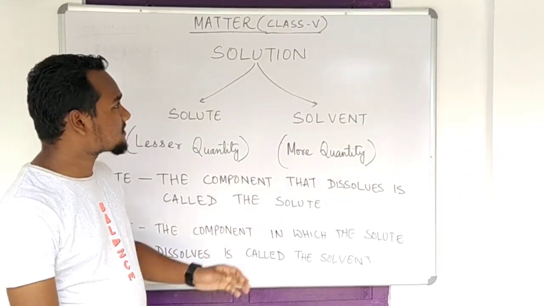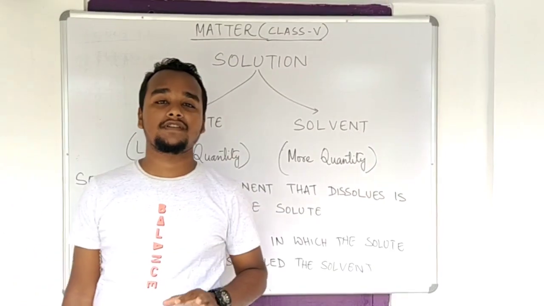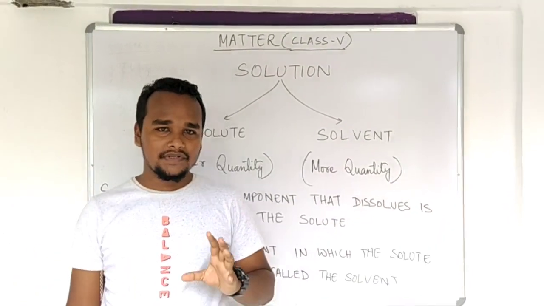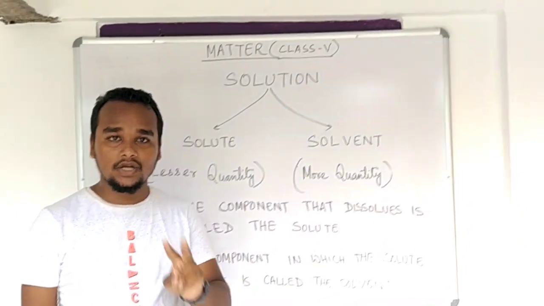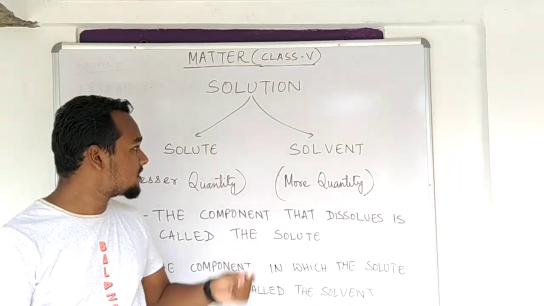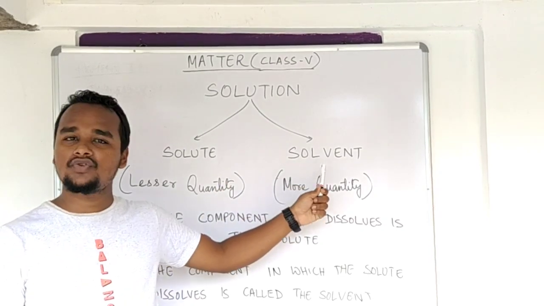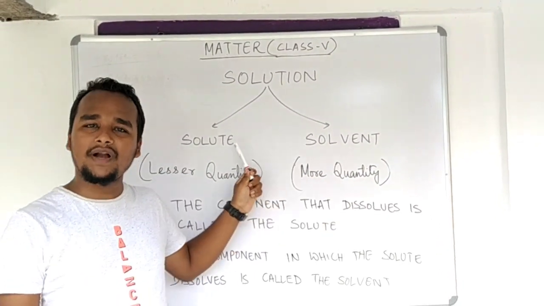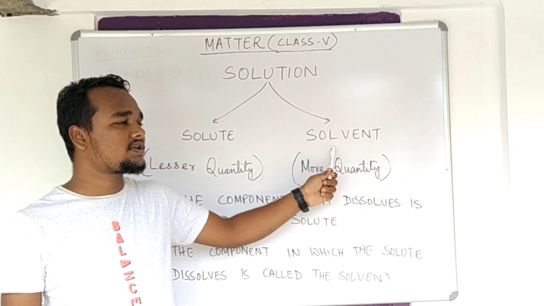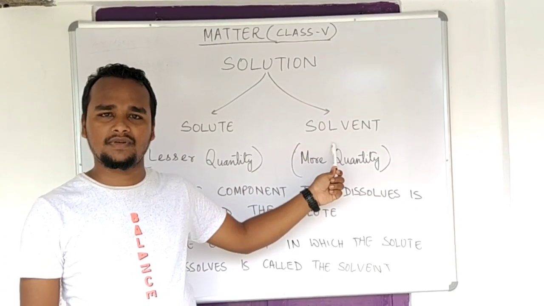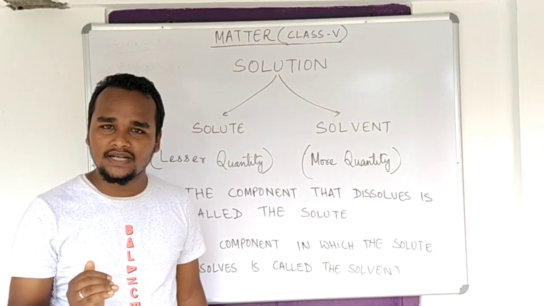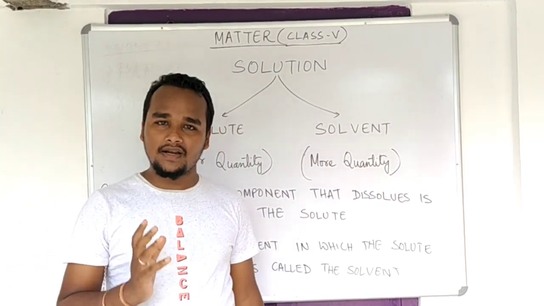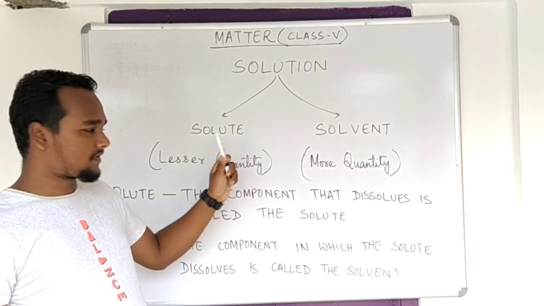So now we are going to discuss the components of a solution, the things which make up a solution. A solution has two components: number one, solute, and number two, solvent. It is very simple to identify a solute and a solvent. Now what is a solute?